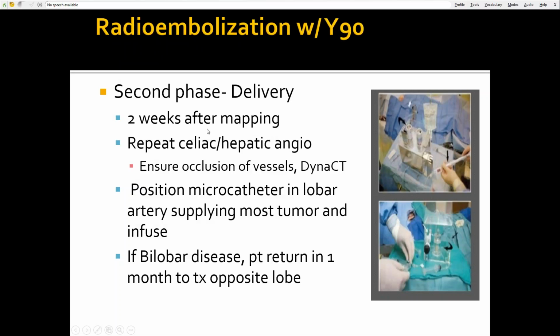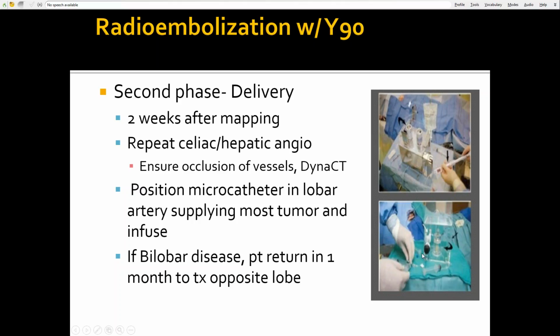So the second phase of delivery, after you do your mapping: the technologist and the radiation people in the hospital will come in, and you'll set up these boxes here that have the dose on the inside, and you basically inject the particles very slowly, once you get your microcatheter in position.